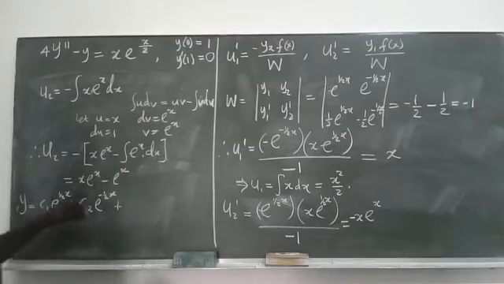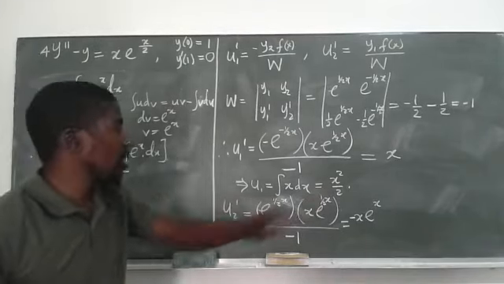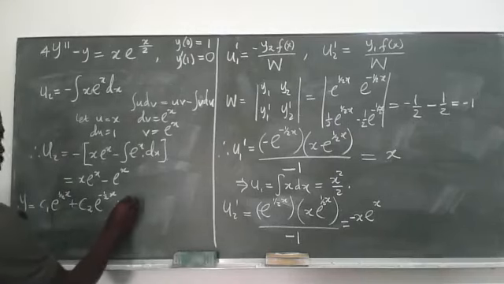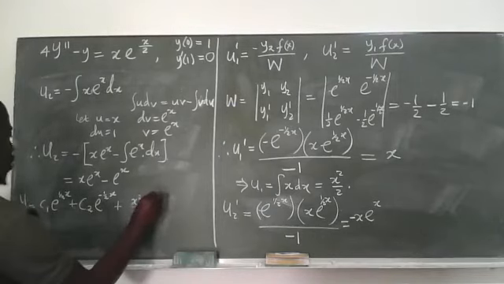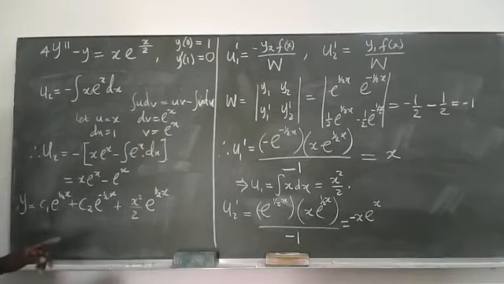So u1 is this x squared over 2, times y1, e to the power half of x. Alright? And then the other piece was u2 y2. So u2 is this and y2 is that.